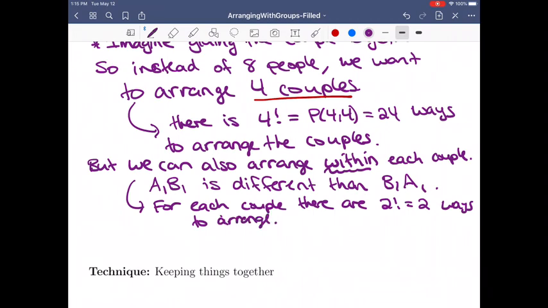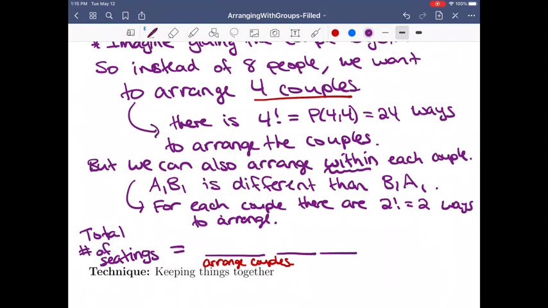So the total number of seatings at the concert is going to be, we're going to first arrange couples, and then we're going to arrange within each couple.